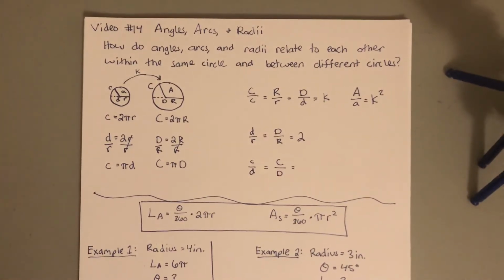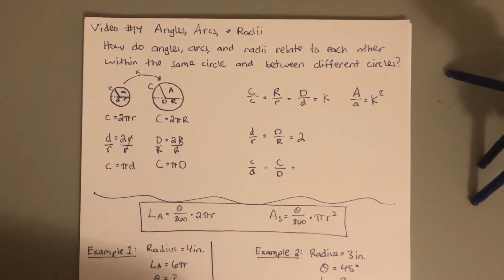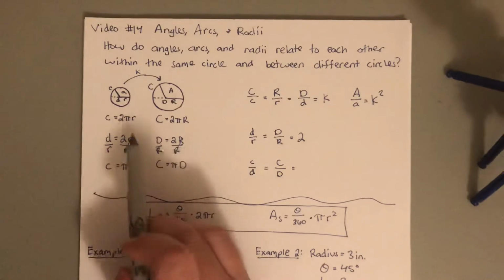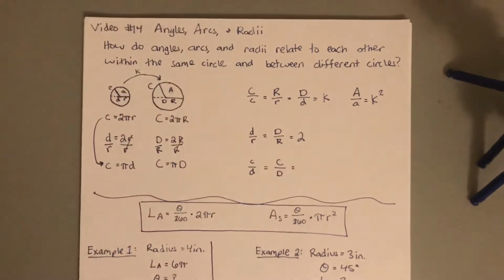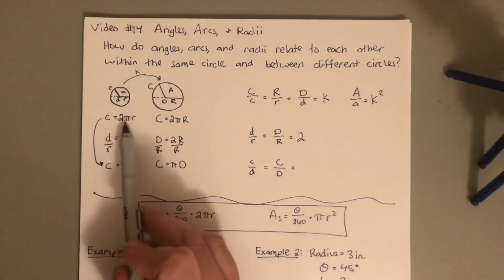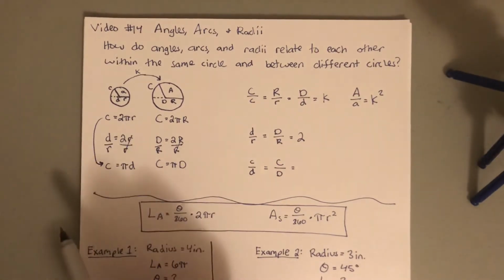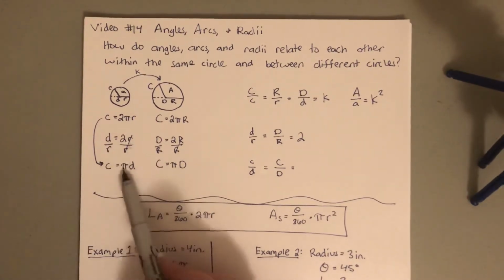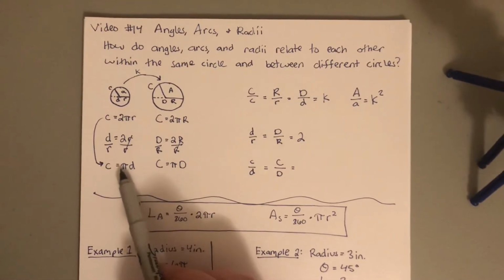Now we can also think about the fact that if the diameter is just twice the radius, we can take this same equation from up here and write it a little bit differently. If 2 times r is really just d, we could say that the circumference is just pi times d instead of pi times twice r. So I'm going to rewrite the circumference equation like this.